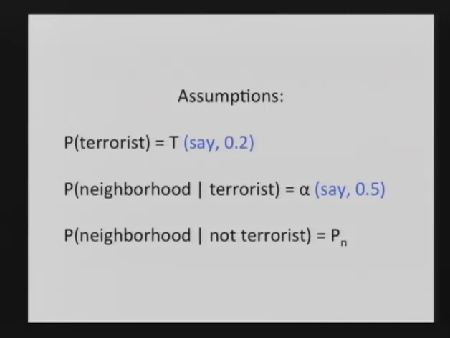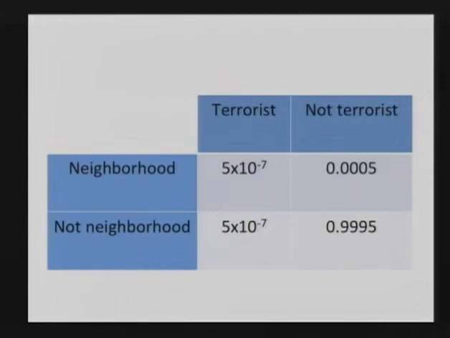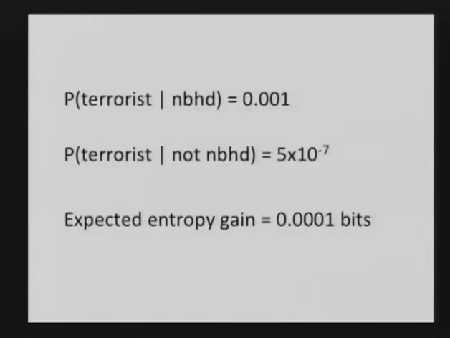If we don't have some suspicion of Bob to start with, if, let's say, we set the prior probability that he's a terrorist to 1 in a million, which is more like what we would think for a typical member of the population, then the numbers look like this. Boy, that left-hand column is really small. And the probability that Bob is a terrorist if he's in the neighborhood is 0.1%, whereas the probability if he's not is essentially negligible.